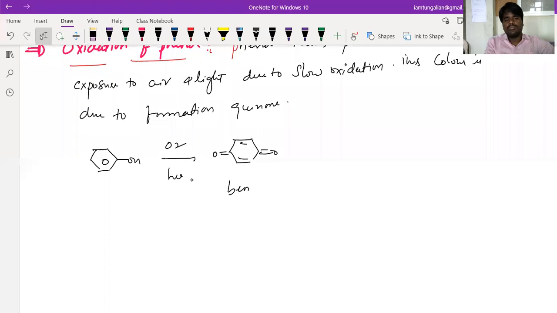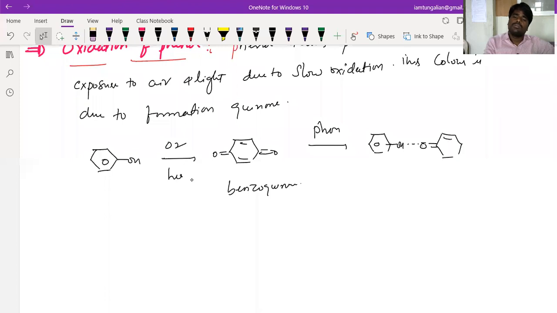This, on further reaction with phenol, forms a complex, and it exhibits color. This is what you call phenoquinone. This is a red color complex.